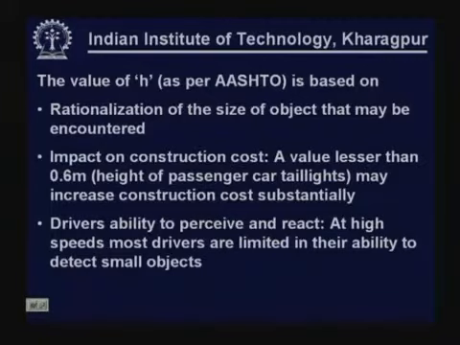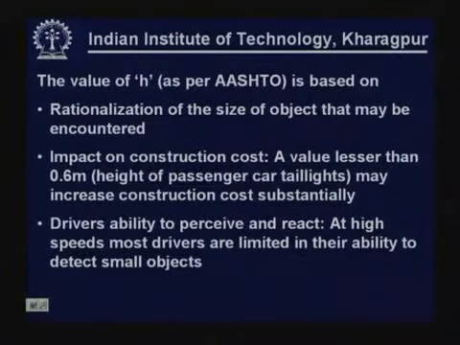Now, the height of the object as taken by AASHTO, 0.6 meter, is much higher as compared to the object height considered in Indian conditions as per Indian Roads Congress recommendations, that is 0.15.